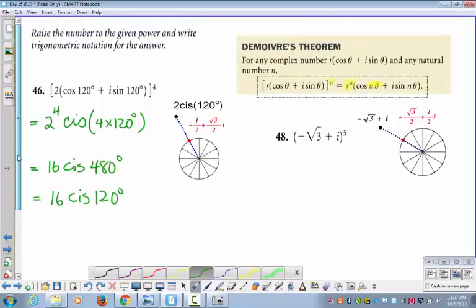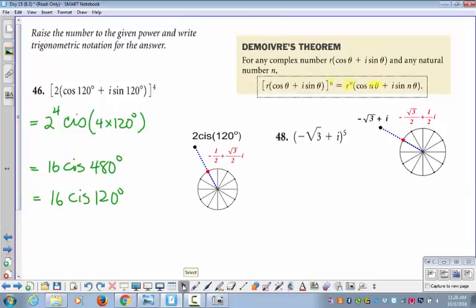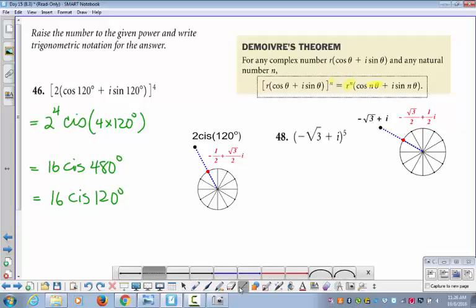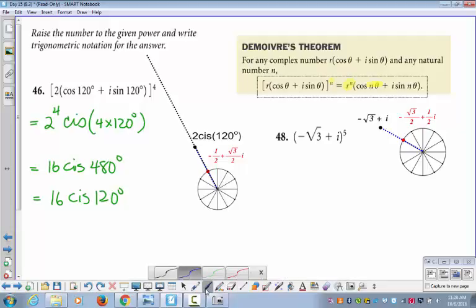So the result, this number raised to the 4th power, if we were going to draw the solution, we would go out 16 units along that radial line. So out there would be 16 cis 120. That's where the 4th power of that complex number is.